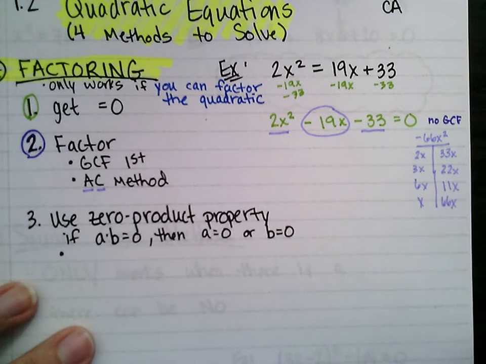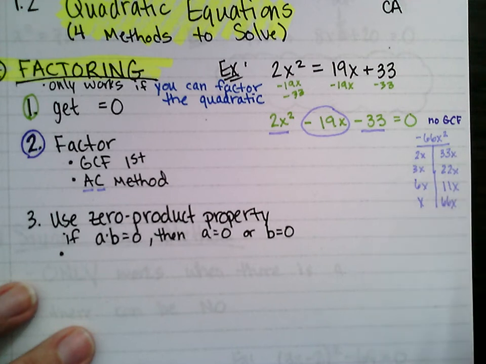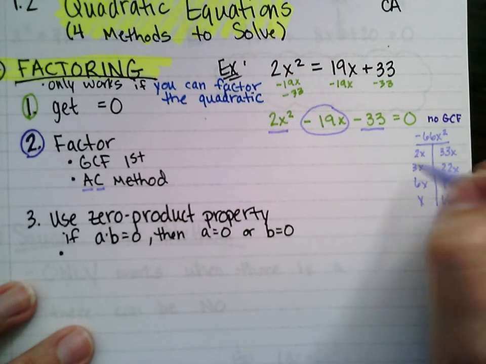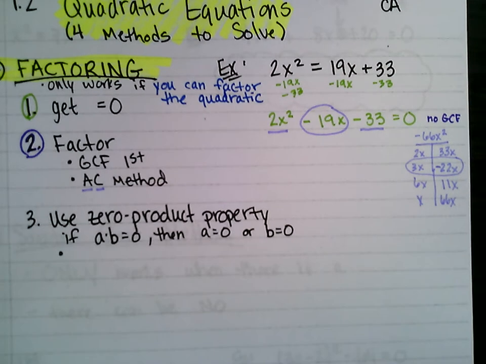Okay. Now, when this is a negative number, I know that one has to be positive and one has to be negative. So I'm looking for the combination that will give me negative 19, and that's going to work here if I use 3x as positive and 22x as negative.